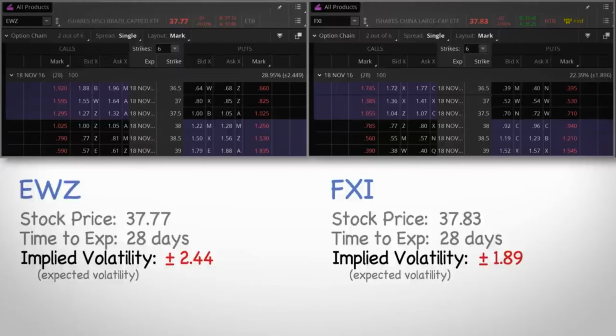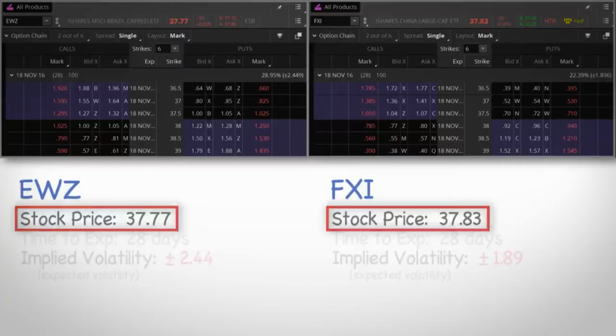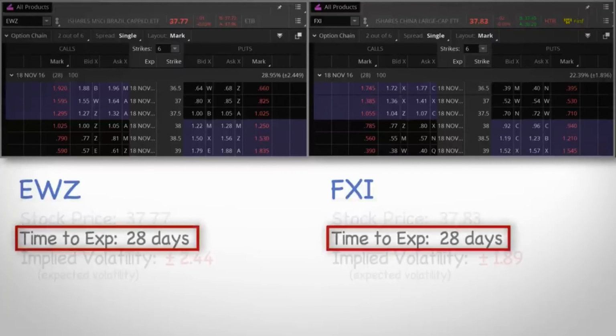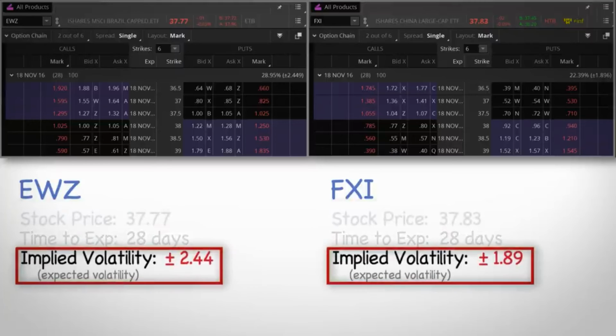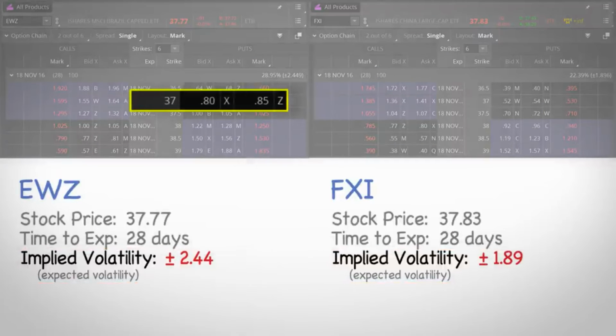Or in other words, EWZ is expected to make a larger move over the next 28 days, and FXI is expected to make a smaller move. So same price of the underlying, same time to expiration, but different implied volatility. Check out the 37 strike put option on EWZ.